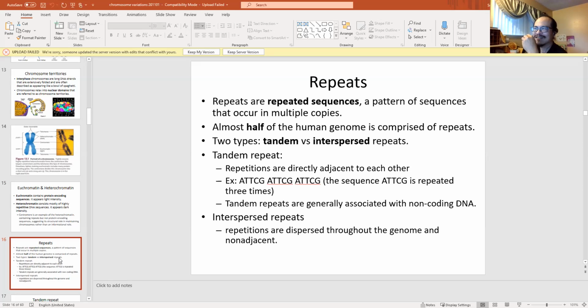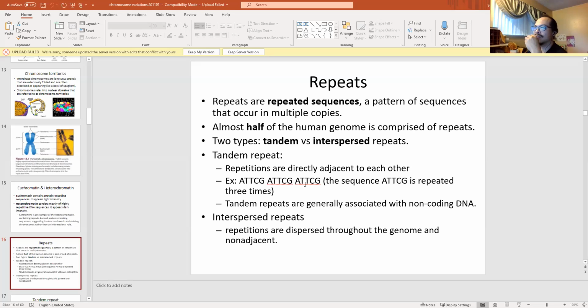Researchers look into the DNA, and we already have a very good understanding of these repeats. For example, a repeat like ATTCG, ATTCG, ATTCG. Is that a repeat? Yes. You have this unit and it repeats 3 times.